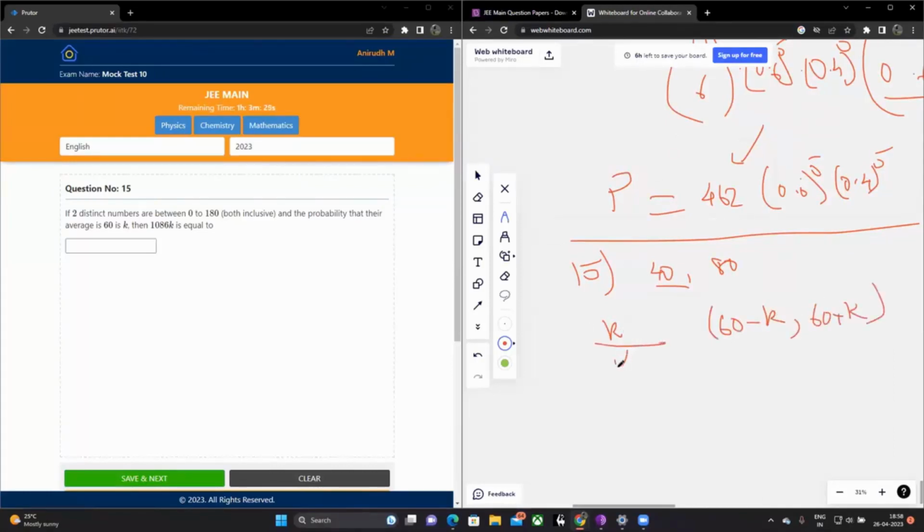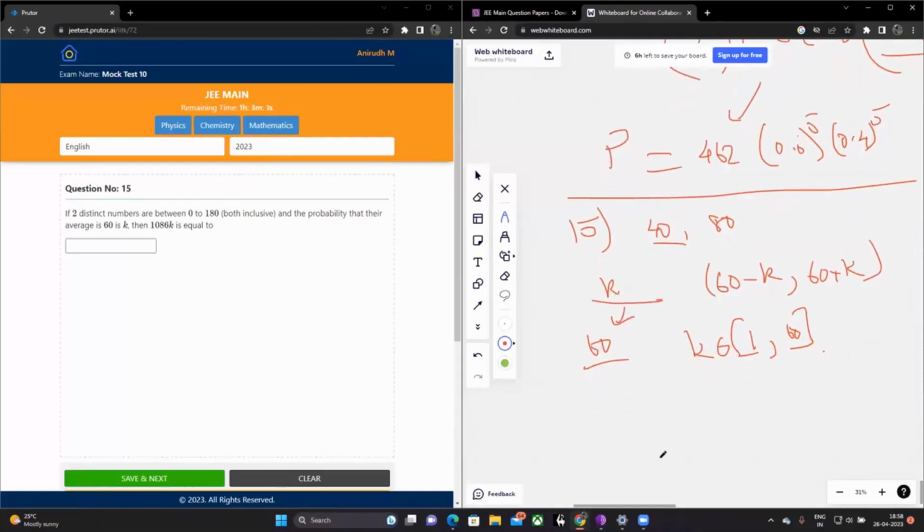You only have 60 such choices of k, right? Because k is bounded between 1 and 60, right? Because you can't choose 60 twice because you have two distinct numbers, and so k cannot be 0, but k can be 1, and you have 0 and 180 are inclusive, so basically k can be 60, right?